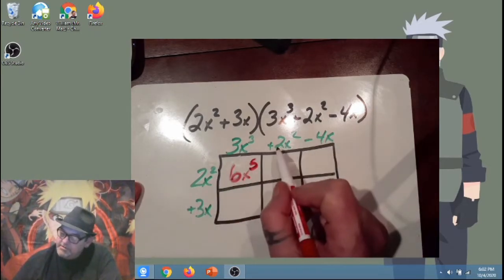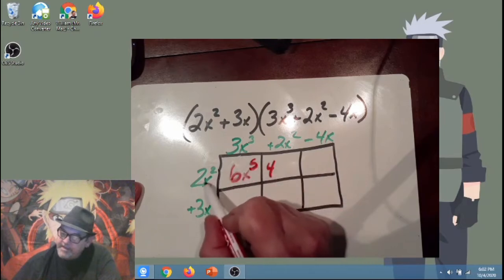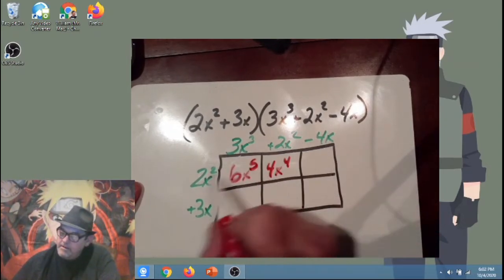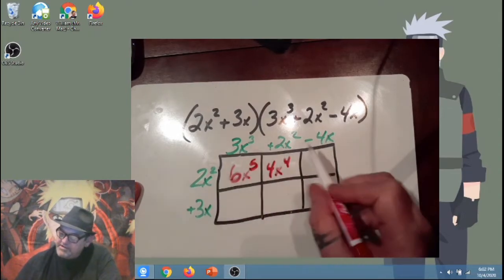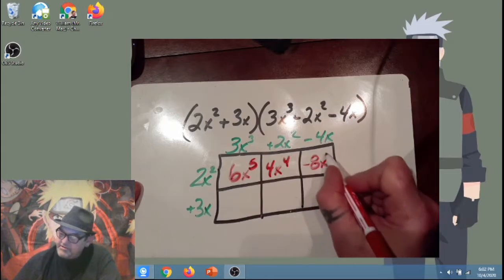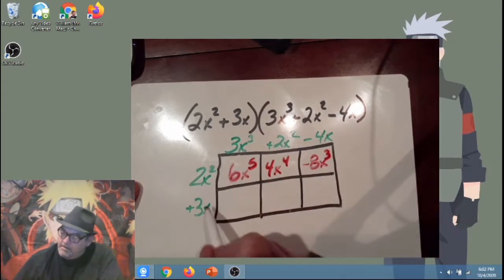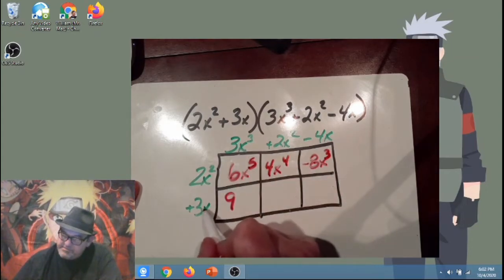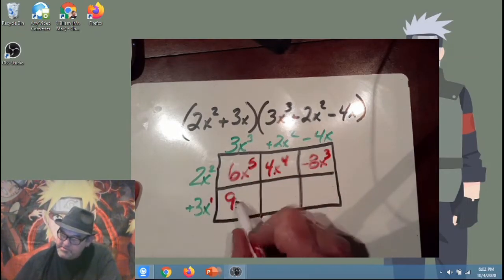Go to the next one. 2 times 2 is 4. x squared times x squared is x to the fourth. And then the next one, negative 4 times 2 is negative 8. x squared times x is x to the third. Okay, down here, 3 times 3 is 9. x to the third times just x to the 1, 3 plus 1 is 4.